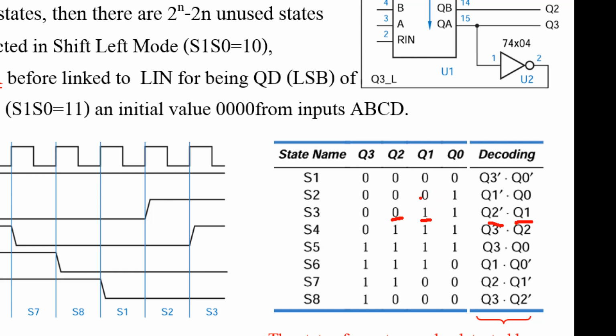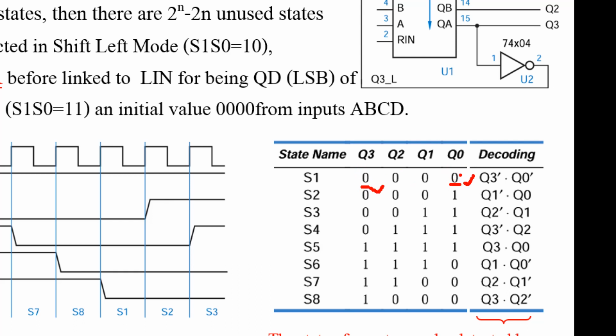For this state S2, you check these 2 bits. Okay, Q0 is 1, Q1 is 0. So it's Q0 and Q1 prime, something like this. Or for state S1, you can take the most left-hand side and most right-hand side bit. Only these 2 bits.